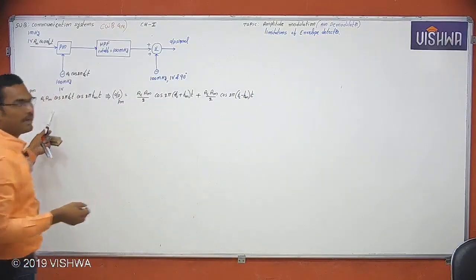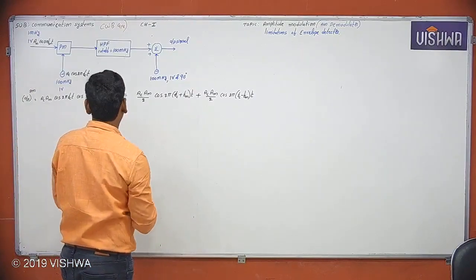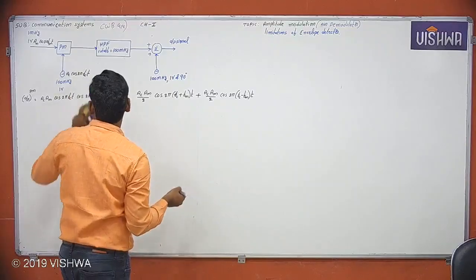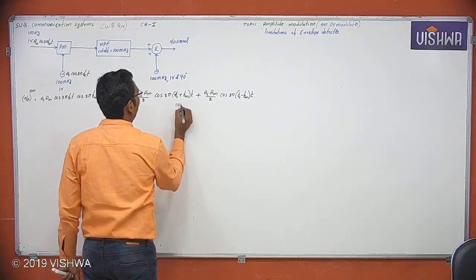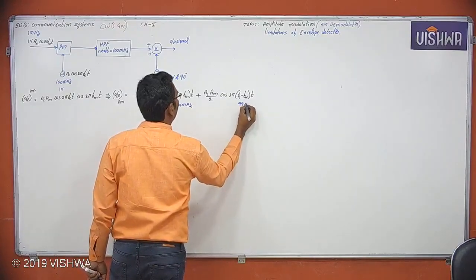This is multiply and divide with 2: cos A cos B is cos of A plus B plus cos of A minus B. Now, 100 plus 1 is 101 MHz, 100 minus 1 is 99 MHz.